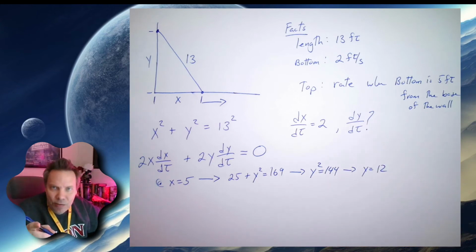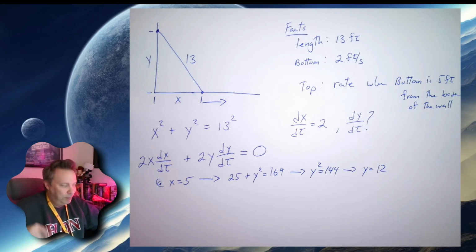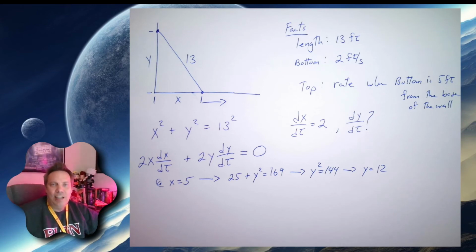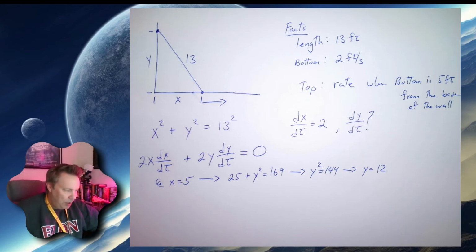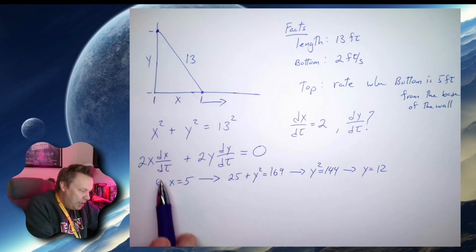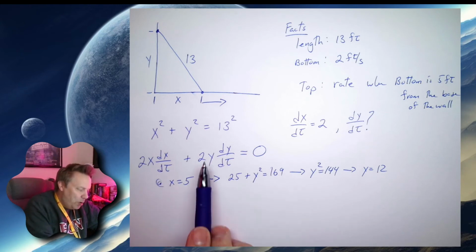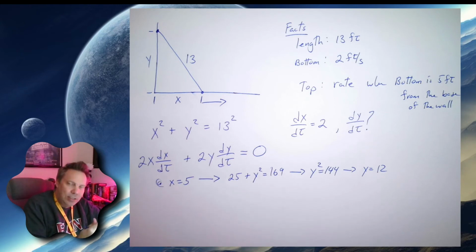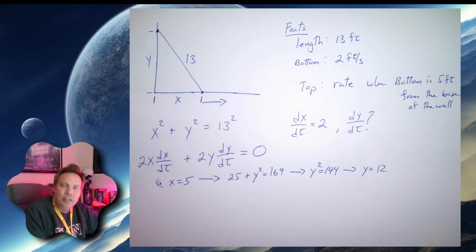I'm taking the positive version of this because, well, it's a distance. I can't have negative 12 there. So now I know what x is, I know what dx/dt is, I know what y is. The only thing that's unknown is dy/dt.